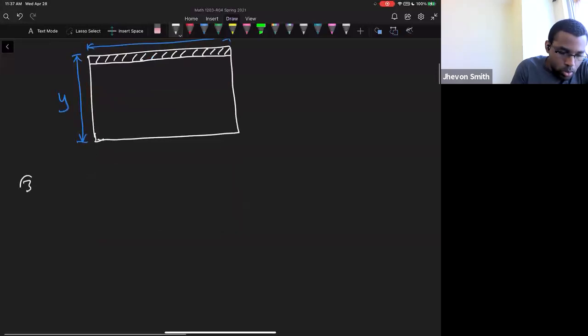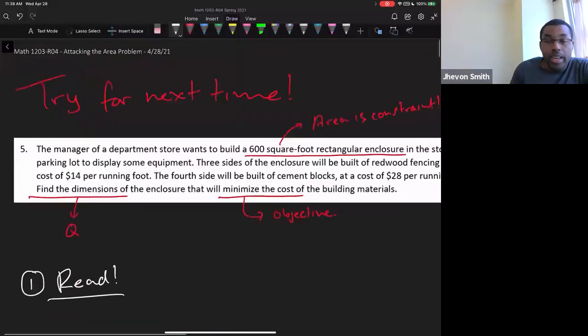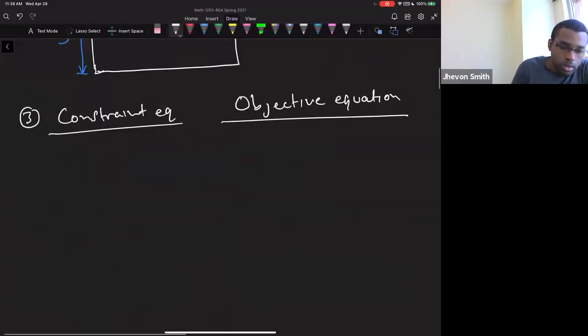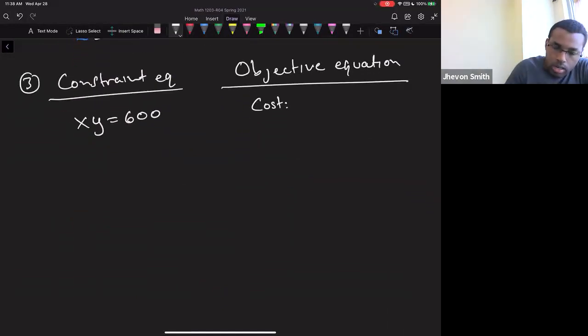All right, now step 3, remember what we do for step 3, we set up constraint equations and the objective equation. Now the constraint is on the area. The area of this rectangular enclosure needs to be 600 square feet. So this tells you that X times Y must be 600. Now what is the objective? The objective is to minimize cost. Now cost is based on what the material is.